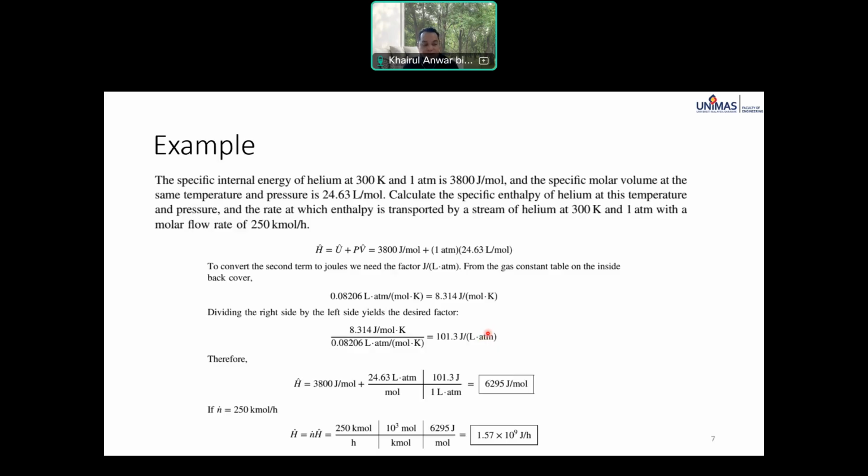Example: the specific internal energy of helium at 300 Kelvin and 1 atm is 3,800 joule per mole, and the specific molar volume at the same temperature and pressure is 24.63 liters per mole.